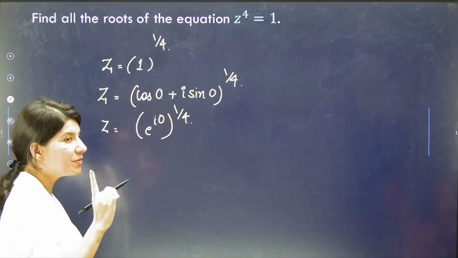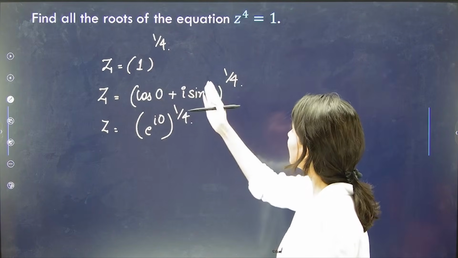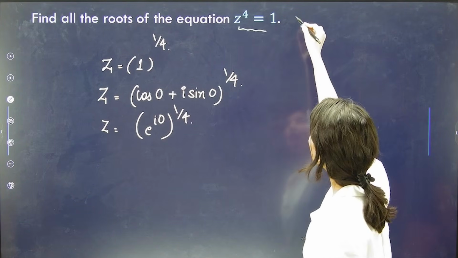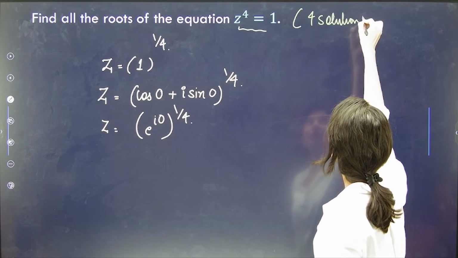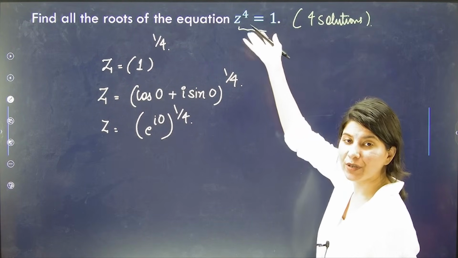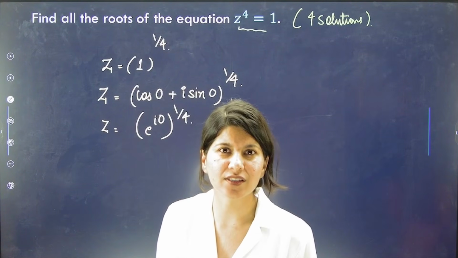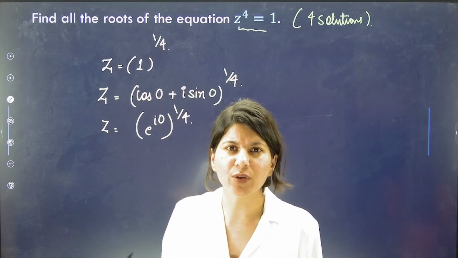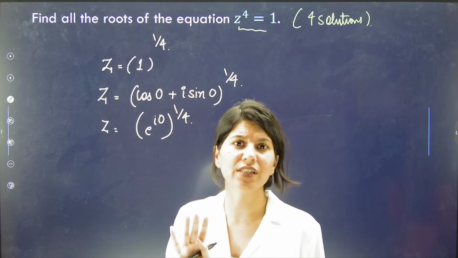But do you remember that we were adjusting the argument? See, Z raised to power 4 is equal to 1. It will obviously have 4 solutions. Why 4? Because we are not imposing a restriction that calculates only real solutions. There will be 4 solutions including mixed, real, imaginary, whatever, but with power 4, 4 solutions will be there.